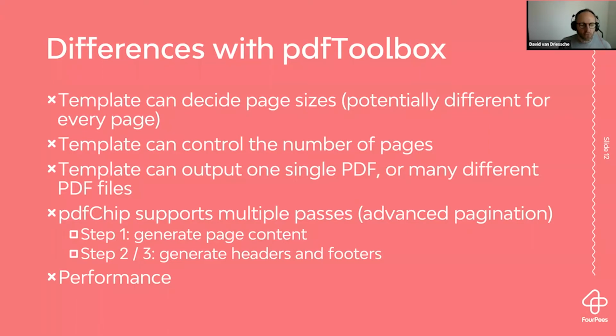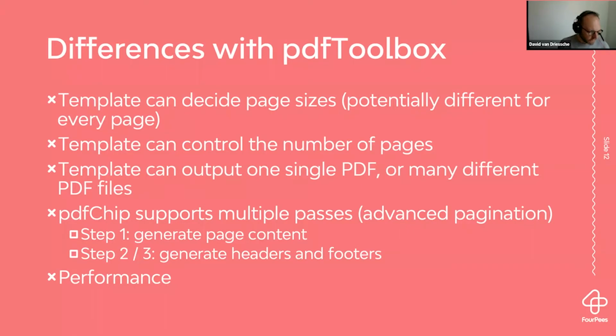And then the second or the third pass, there are reasons to have 3 passes, but it's too detailed for what we need to know here. But the second or the third step already know that there are 5 pages, and they can use that information to then, for example, add appropriate headers and footers where you have page number information and things like that. Okay. This advanced pagination, of course, is something that only exists in pdfChip and that you cannot use in pdfToolbox.